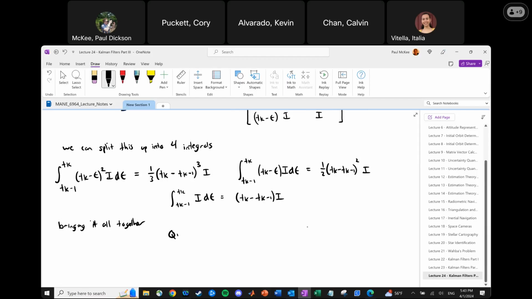Qk is equal to, remember, we still have this sigma omega squared, and then it's going to be a huge matrix, which looks like 1/3 delta t cubed I, 1/2 delta t squared I, 1/2 delta t squared I, and delta t I. And there we are. Now, I'm not going to box it because this is not true in the general case. This is true for this example, right? But this is how you would actually go through and analytically build your Qk matrix for your covariance propagation.